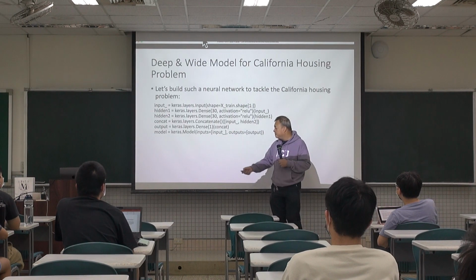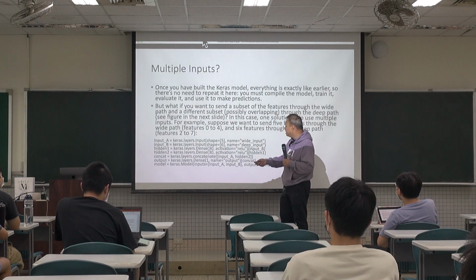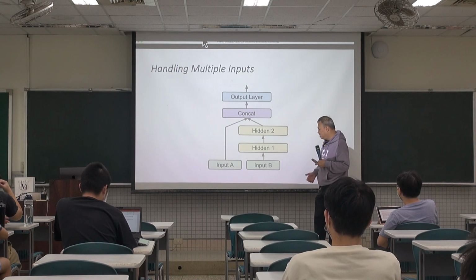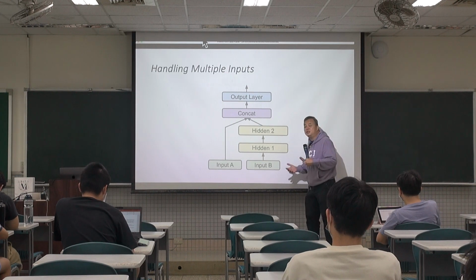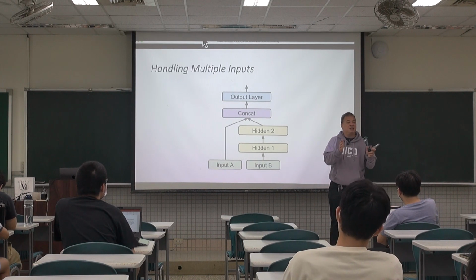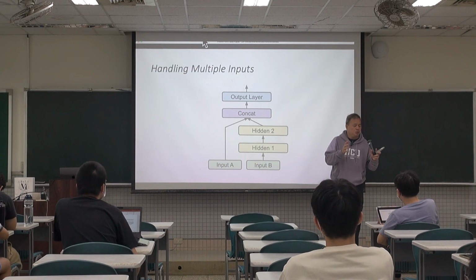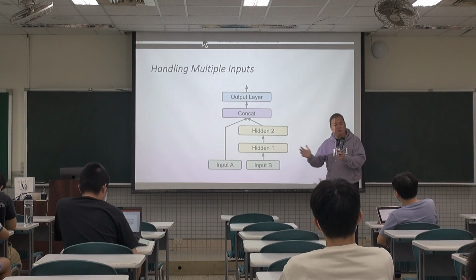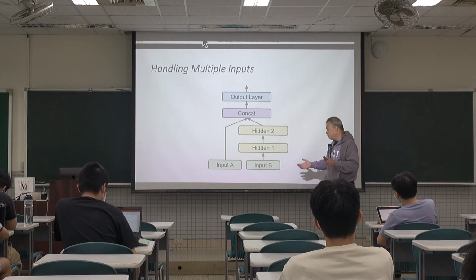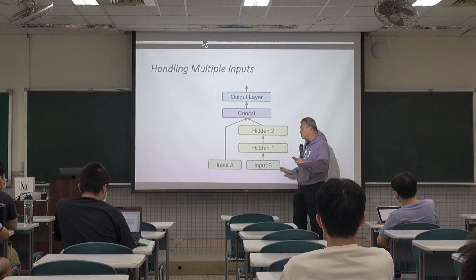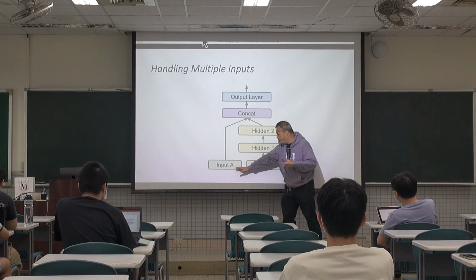Let me show you the figure. Maybe after we've processed the features, certain features are simple features which, as I said, should go through the wide path, and the other features are more complicated ones that need to go through a deep path. So you can break the features into two sets: one is input A, one is input B.